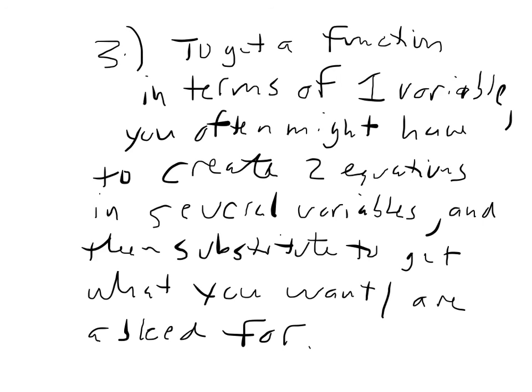And another bit of advice: if you want to get a function in terms of one variable, for example, cost is a function of length, or weight is a function of height, I might often have to create two equations with more than those two variables, and then use a substitution to get what I'm asked for.